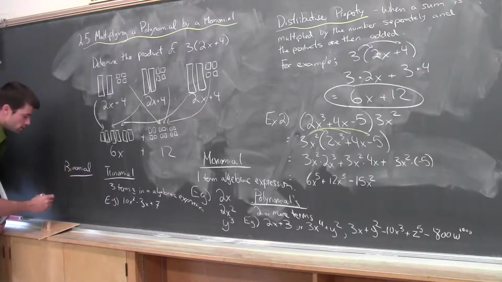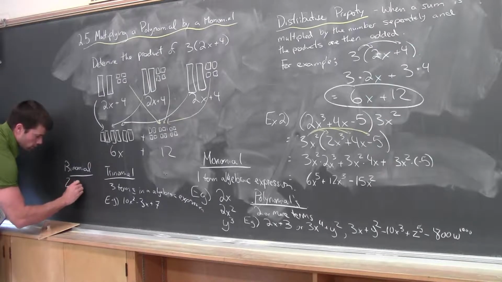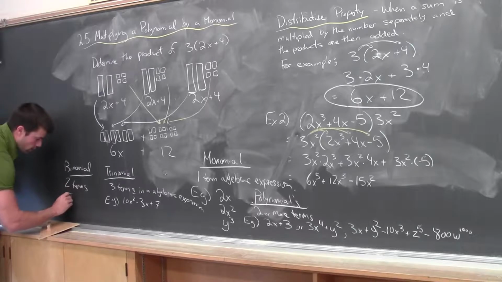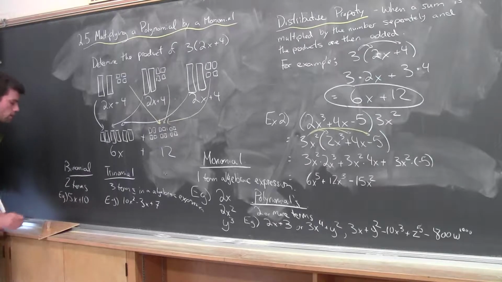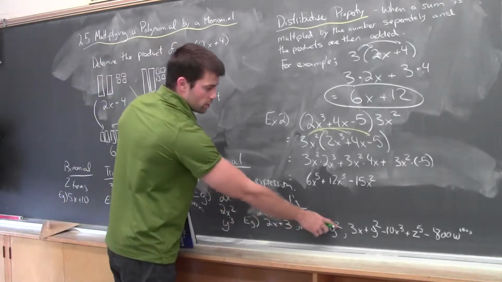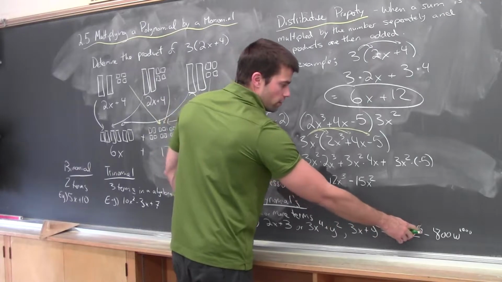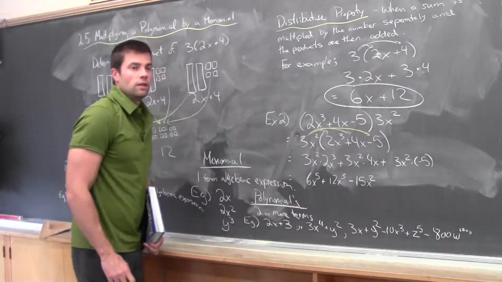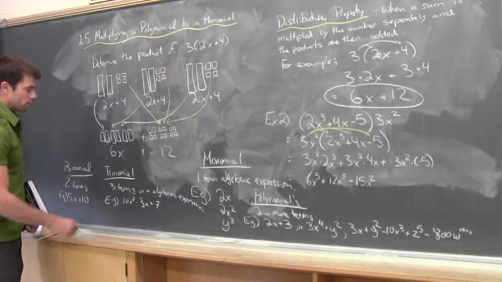Binomial, two terms. So 5x plus 10. Okay? Doesn't matter what the exponent is, whether it's 2, 3, 5, or 1,000, as long as there's two separate terms.